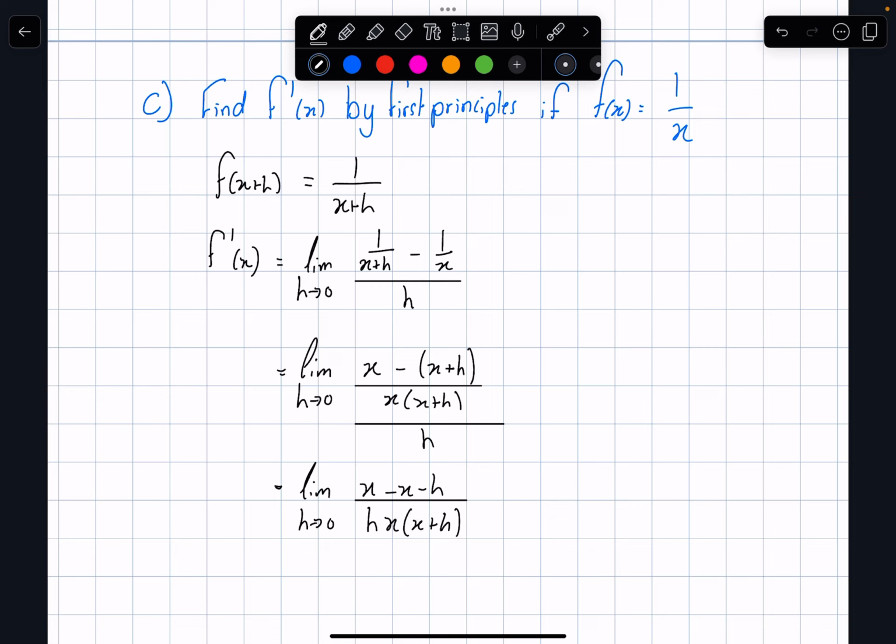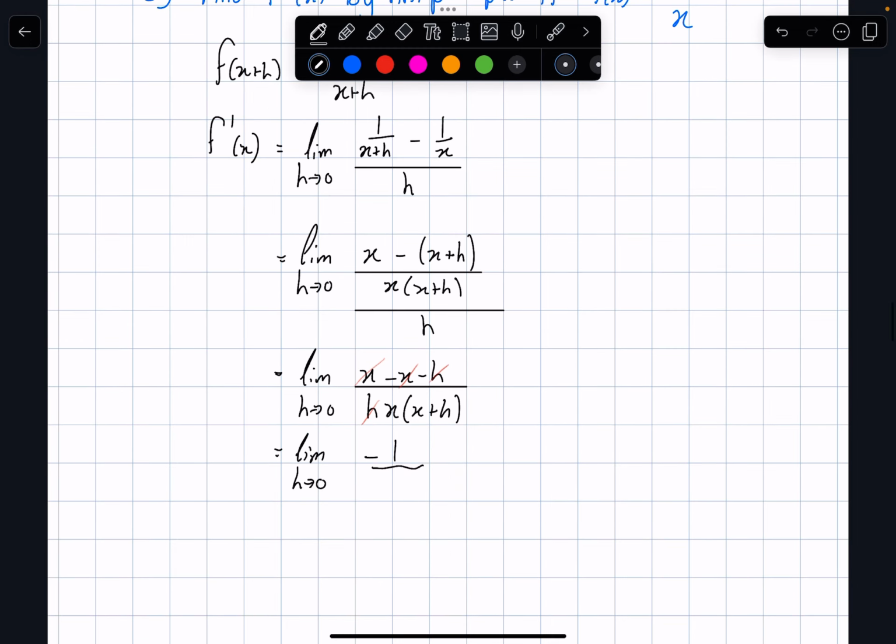Now we can see that my 2 x's cancel out, and I'm just left with a factor of h on the top, so I can cancel that out with my h below. So the limit as h tends to 0, I'm just left with -1 on top. And on the bottom, I'm left with x plus h.